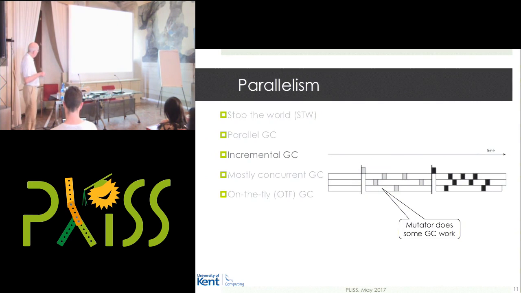So here, we have the user program do a little bit of work on behalf of the garbage collector every so often. And the idea is that this is going to reduce these garbage collection pauses. Typically, there's a pause at the beginning to start everything off, and there might be a pause at the end to finish everything. But for the most part, the garbage collector and the mutator run in this kind of interleaved fashion.